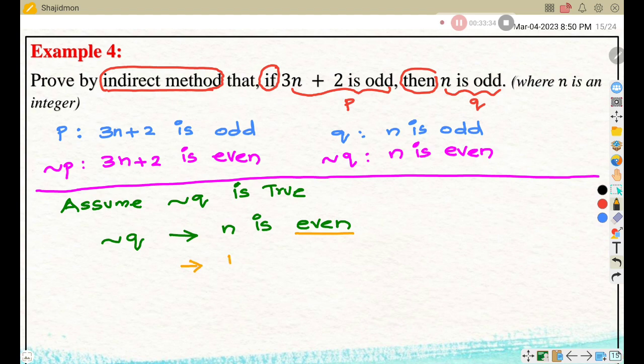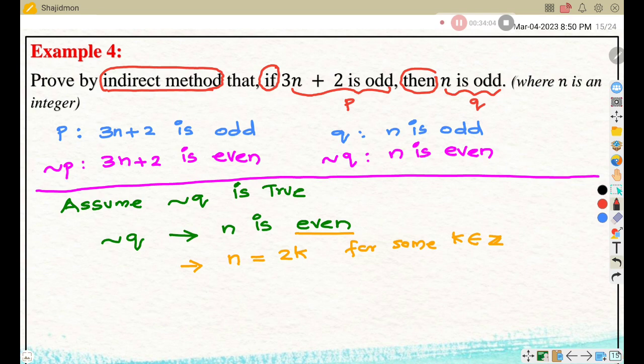N equals 2k, where k is, for some k, belongs to which type of number? K is an integer, k belongs to Z, correct? For some k belongs to Z, n equals 2k. We assumed negation of q is true, that is n is an even number, n equals 2k.